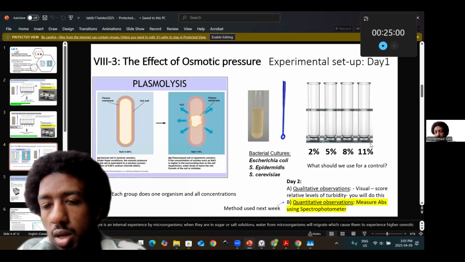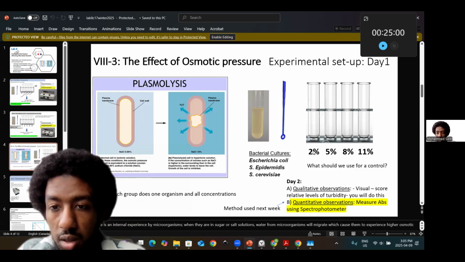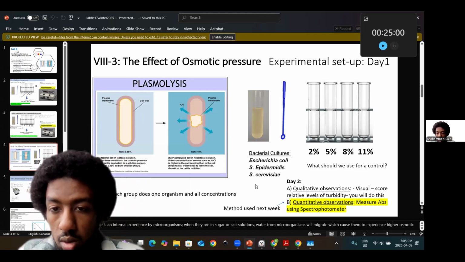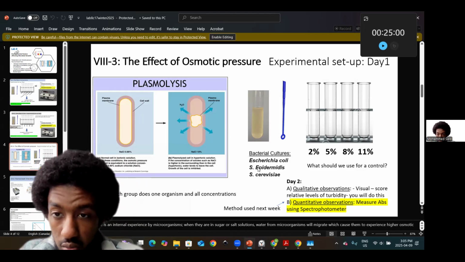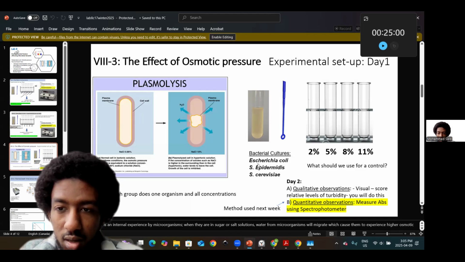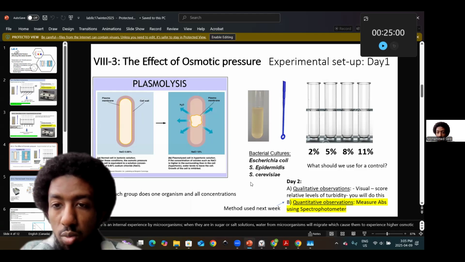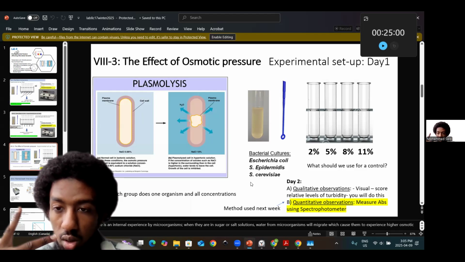But nonetheless, you have a control that could exist at 0% across the three different bacteria, plus a fourth tube that has no bacteria added in. So technically, you have two sets of potential controls.